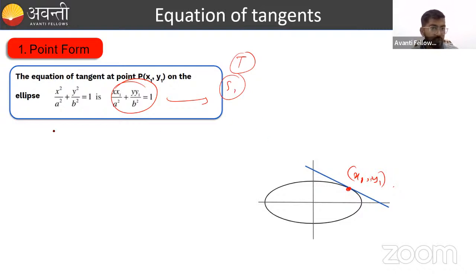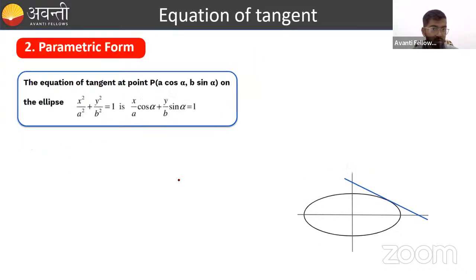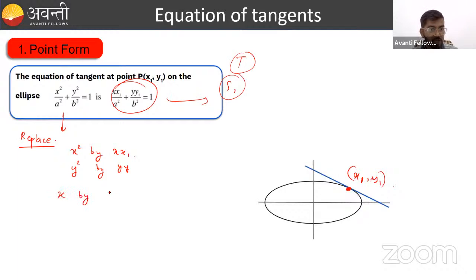This can be obtained by replacing x square by x x1, y square by y y1, x by (x plus x1) by 2, y by (y plus y1) by 2, and xy by (x y1 plus x1 y) upon 2.